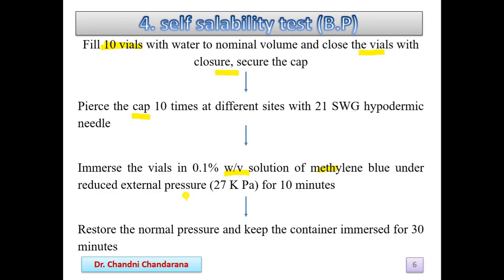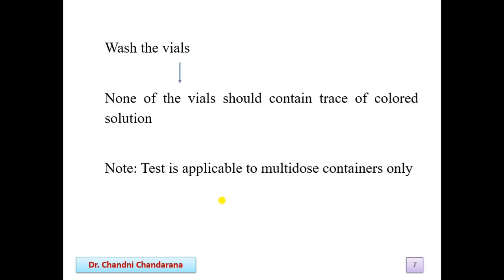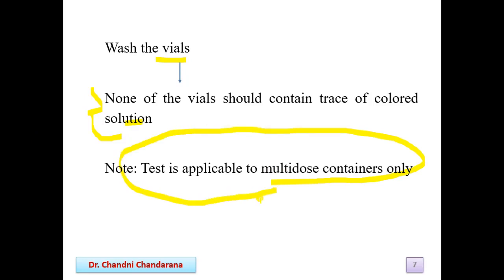Restore the normal pressure and keep the containers immersed for 30 minutes. After that, we wash the vials, and none of the vials should contain a trace of colored solution. This will be our end point. This test is applicable to multi-dose containers only. We don't perform it on single dose containers.